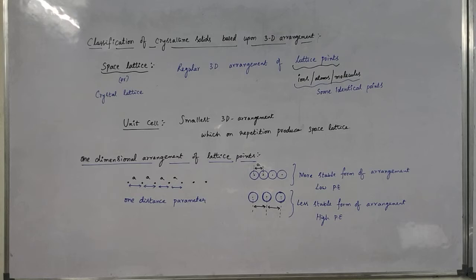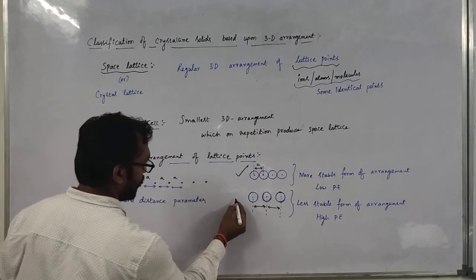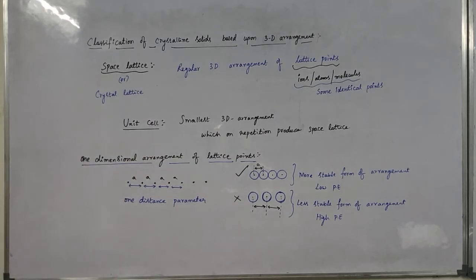So which is more preferred? This is the more preferred form. Always we have to prefer the more stable form of arrangement, whether it is one-dimensional, two-dimensional or three-dimensional. That means our potential energy must be low.